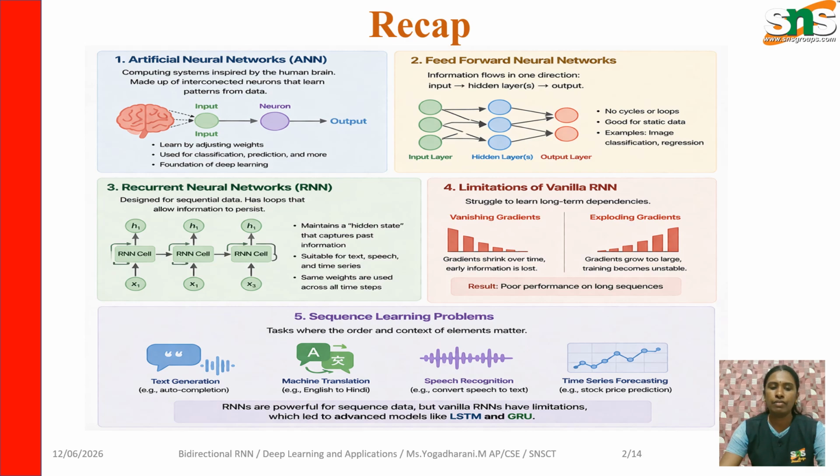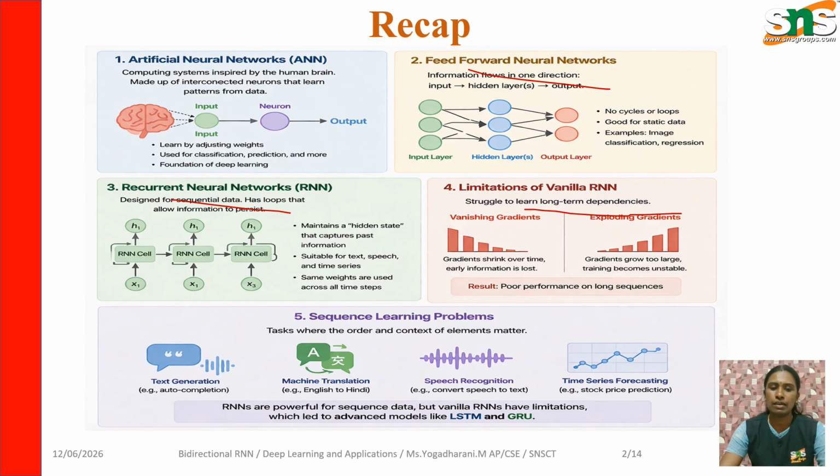Before learning bidirectional RNN, let us quickly revise the concepts we have already learned: neural networks, feed-forward neural networks, recurrent neural networks, the limitations of vanilla RNN, and sequential data. A feed-forward network processes information only once.